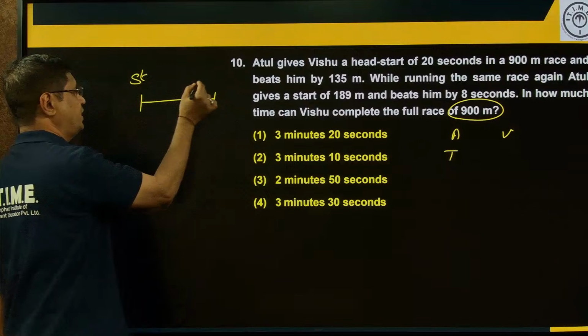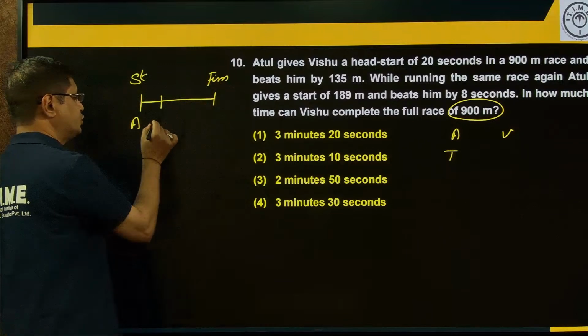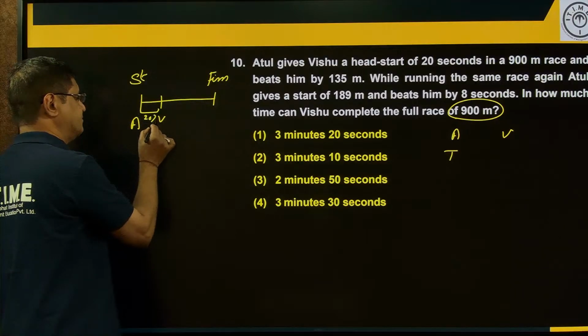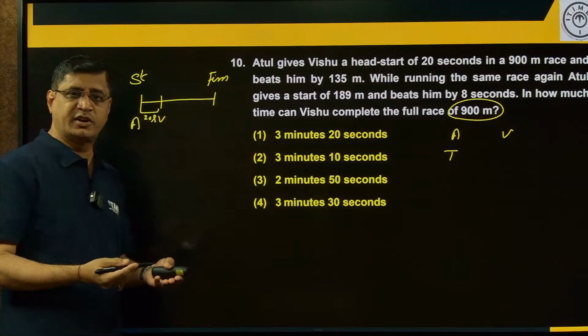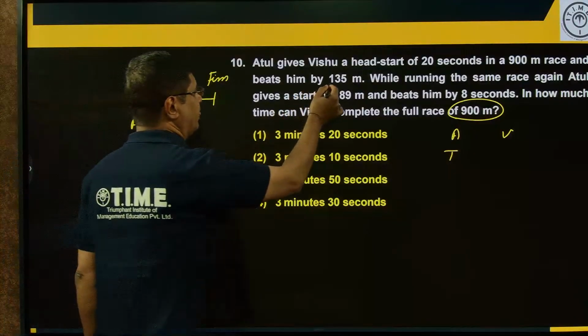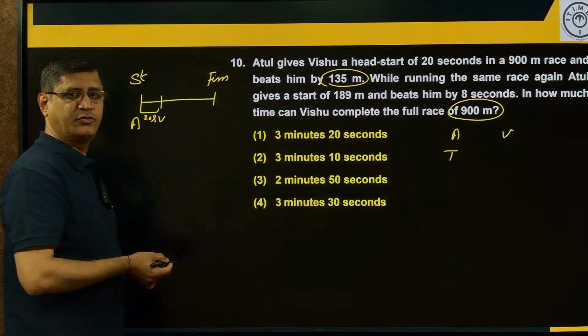This is the starting point and the finishing point. Vishnu starts first, and 20 seconds after Vishnu starts, Atul starts. Now Atul beats Vishnu by 135 meters.